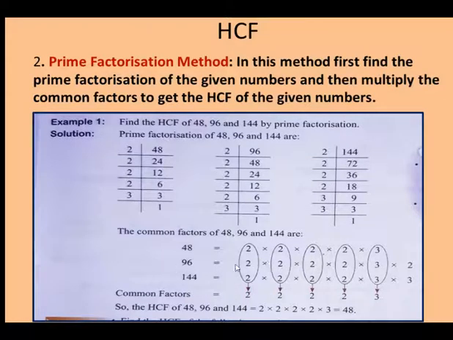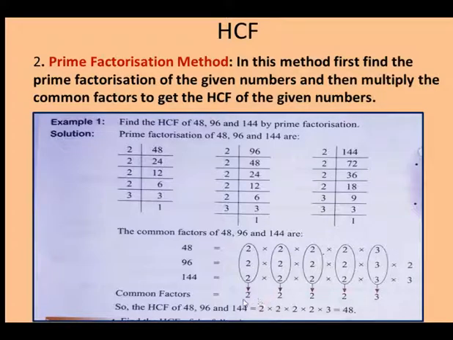Now we write all the prime factors of 48, 96 and 144, then take the common prime factors among these three. 2 is common, again 2 is common, again 2, one more 2 is common, and 3 is common. The rest are not common.